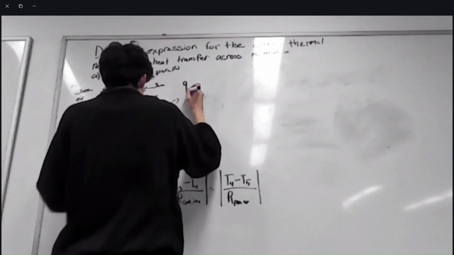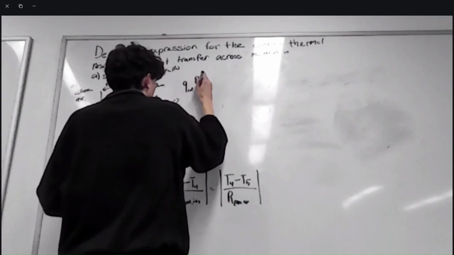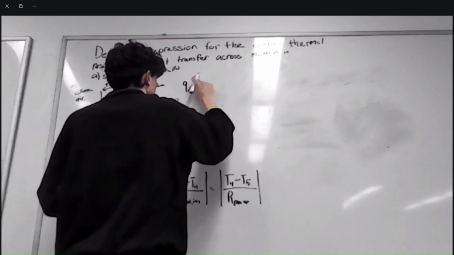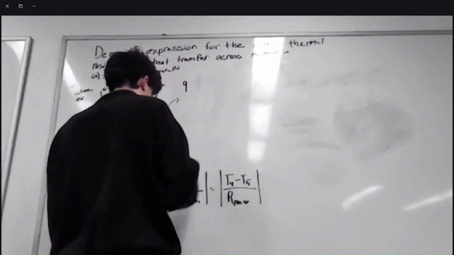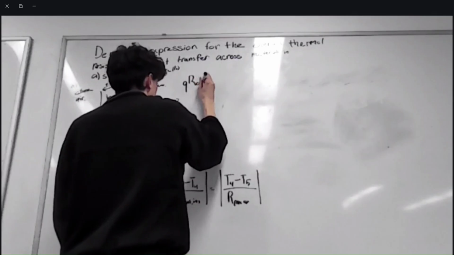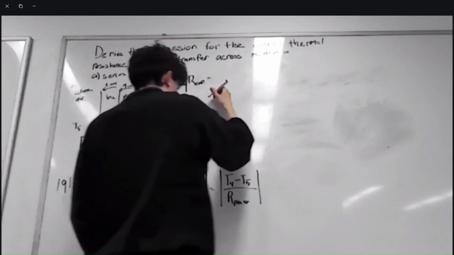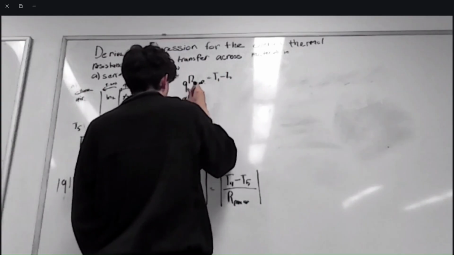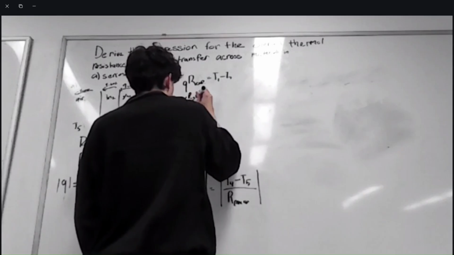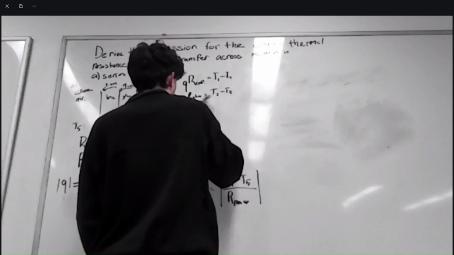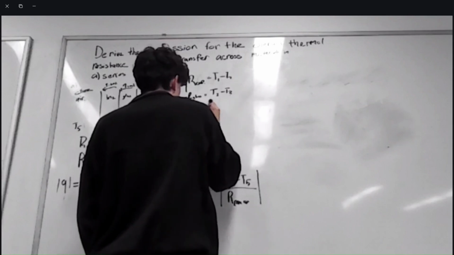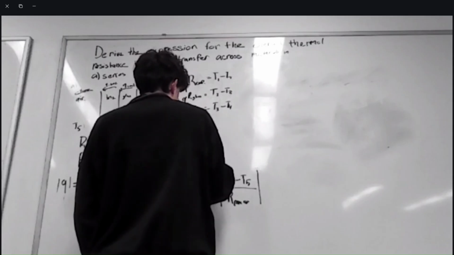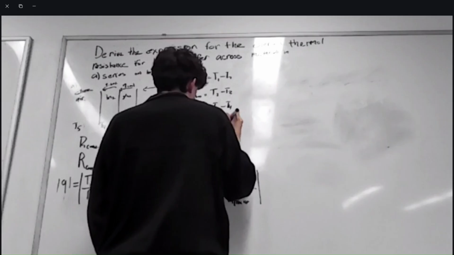So our Q value times resistance of coffee, Q value times resistance of glass, T2 minus T3, Q value times resistance of the insulator, T3 minus T4, and lastly our Q value times the resistance of the air, T4 minus T5.